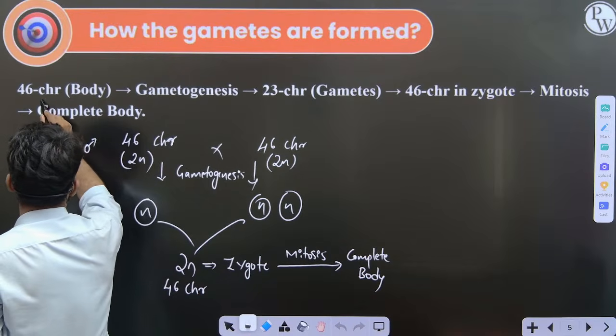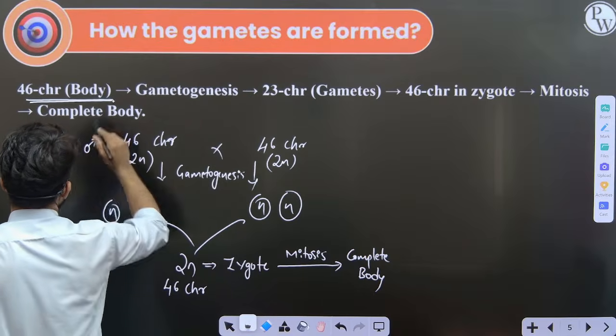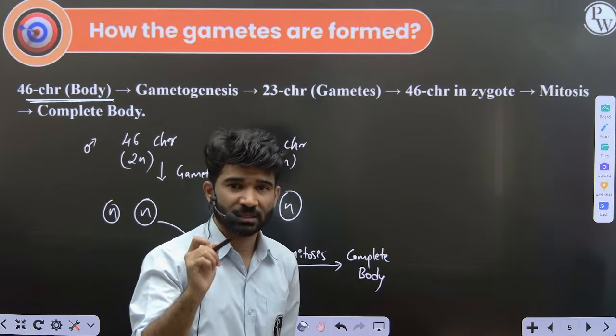You can take an example of a human body. The cells within the human body are composed of 46 chromosomes. Right.